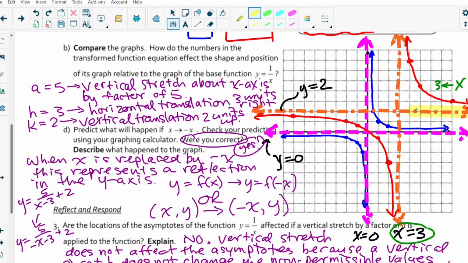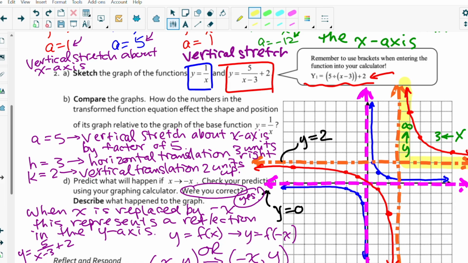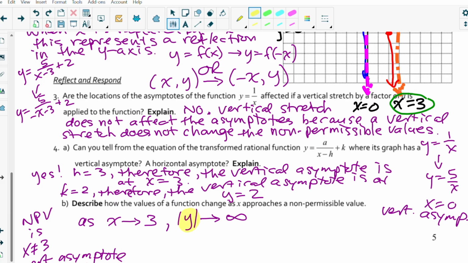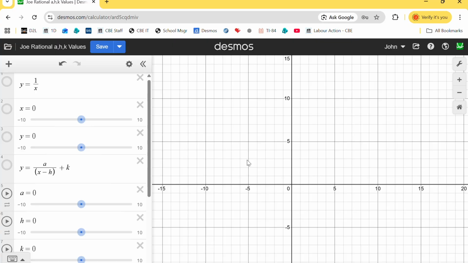What happens to my y values? y approaches infinity, right? So y approaches infinity up this way. You can see the red part of the graph. It keeps going up, and that's to infinity. And likewise, that's why I put that absolute value of y here. The same is true on the negative side. Put a negative y in there, it becomes positive y, and it still approaches infinity. All right?